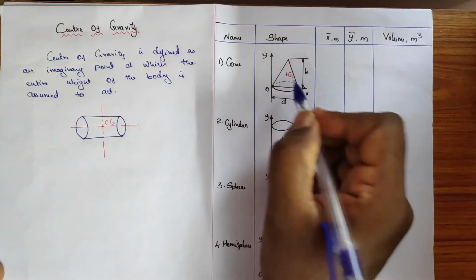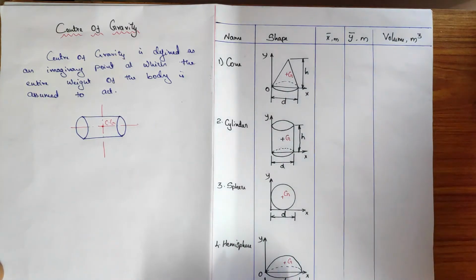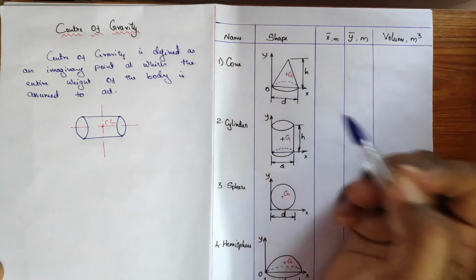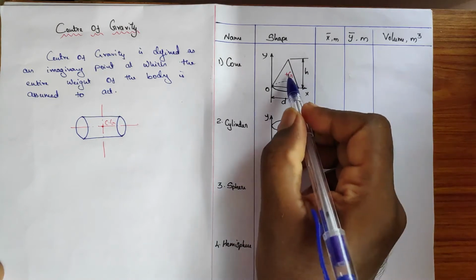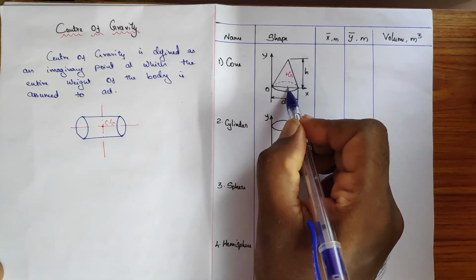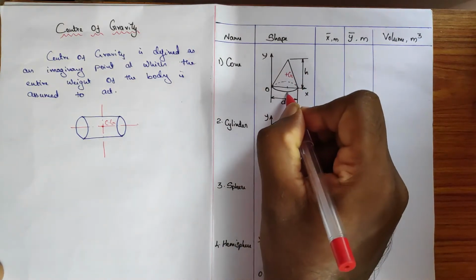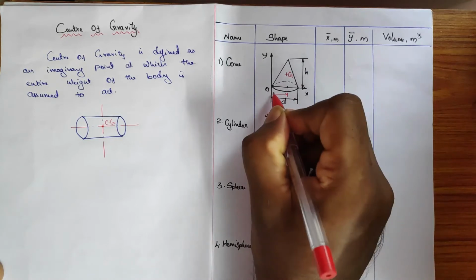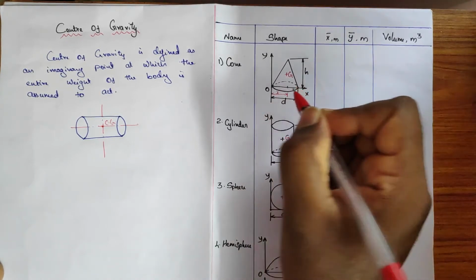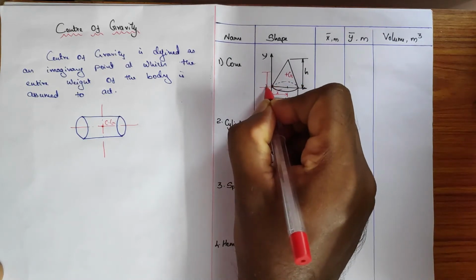So this is the center of gravity, which I have mentioned as G. Okay, let it be. Fine. So here we need to find the x distance from O to this G. So this is the x bar, and this is the y bar distance.